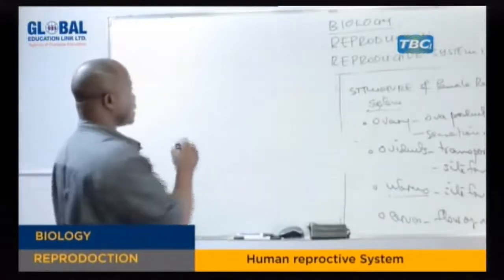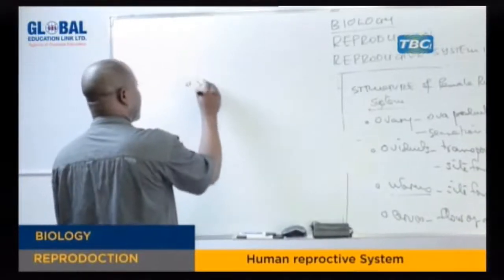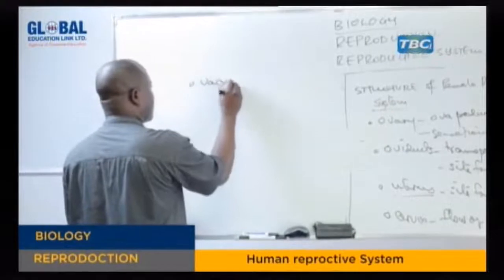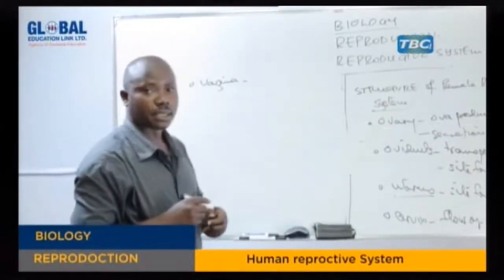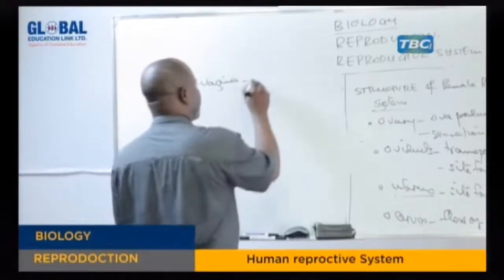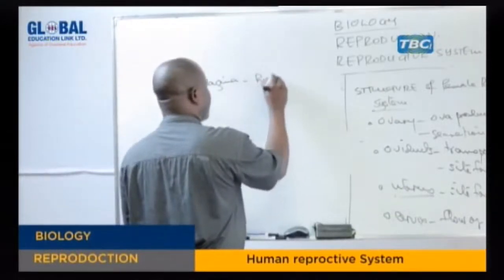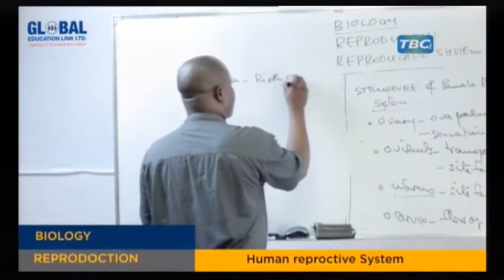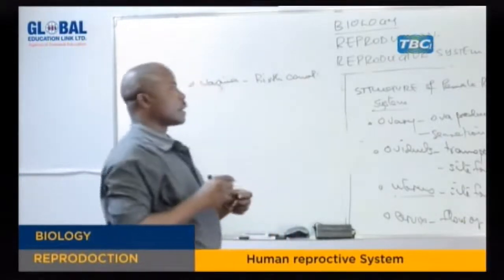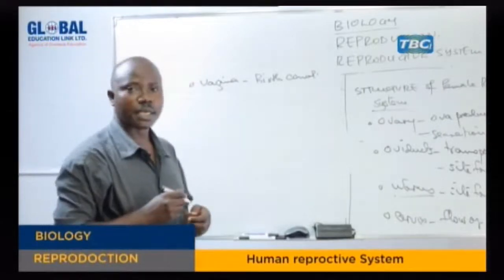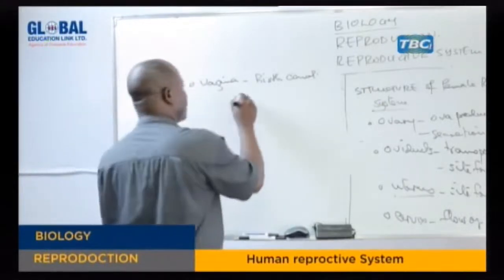The next structure is the vagina. This is also known as the birth canal. It is the canal that allows the baby to be delivered out.